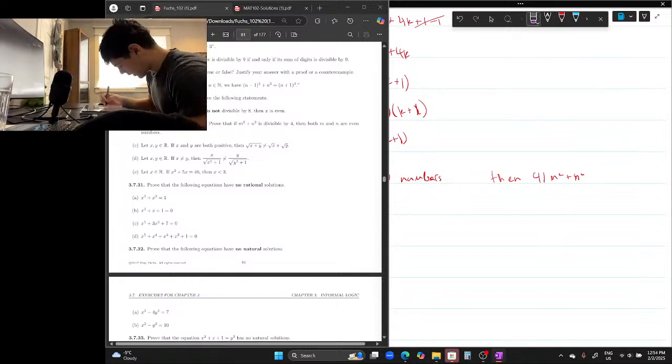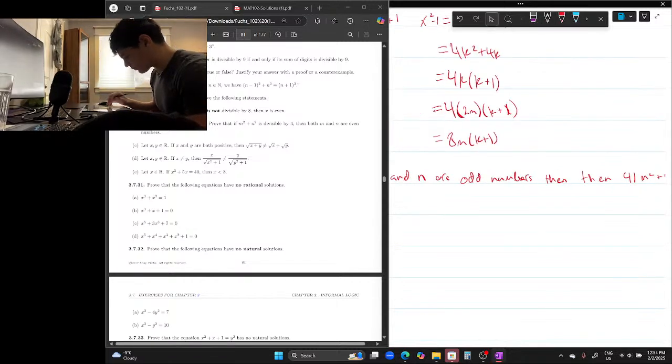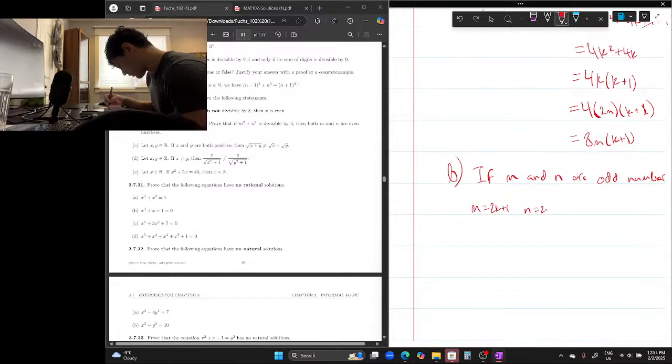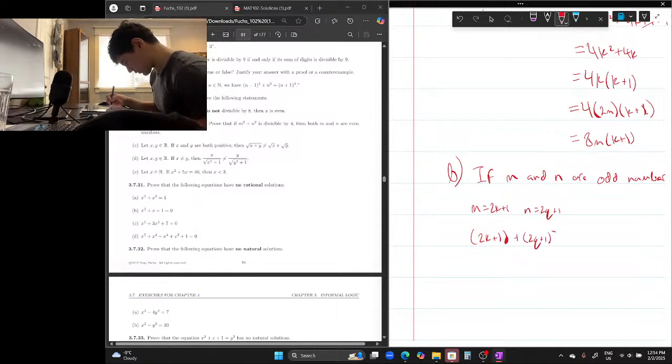Okay. So then we have m is equal to 2k plus 1 for some integer k, and n is equal to 2q plus 1. So 2k plus 1 plus 2q plus 1 squared.